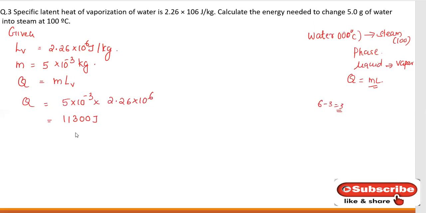Or we can write this as Q is equal to 1.13 into 10 raised to 4 joules. This is the energy needed to change 5 gram of water into steam at 100 degrees Celsius.